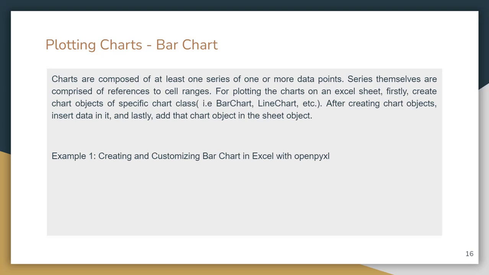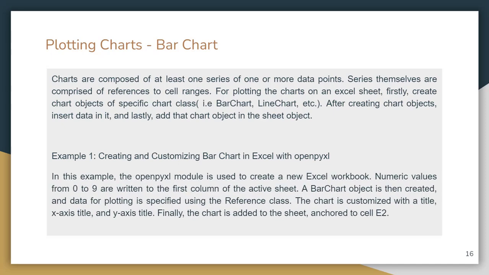Let's see an example. Create and customize a bar chart in Excel with openpyxl. In this example, the openpyxl module is used to create a new Excel workbook. Numeric values from 0 to 9 are written to the first column of the active sheet.